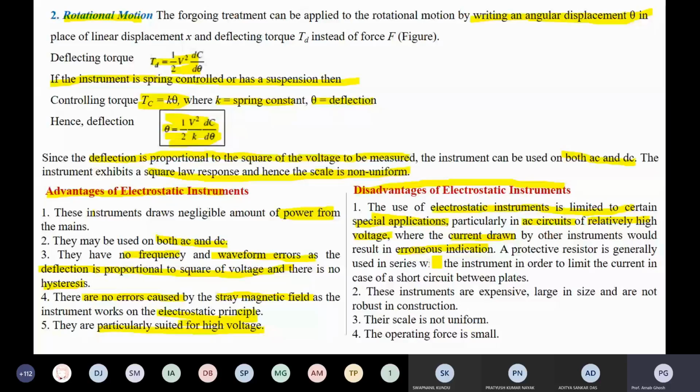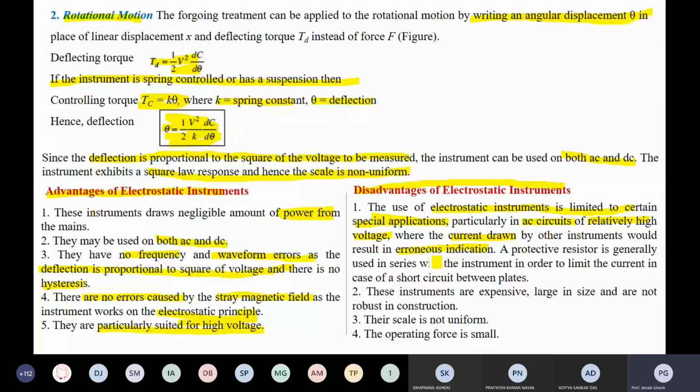A protective resistor is generally used in series with the instrument in order to limit the current in case of short circuit between the plates. One situation may be when plates A and B are so near that they are almost touching. If they are touching, there is a short circuit current between plate A and plate B. Between the plates there may be air or any other dielectric medium, an insulator.